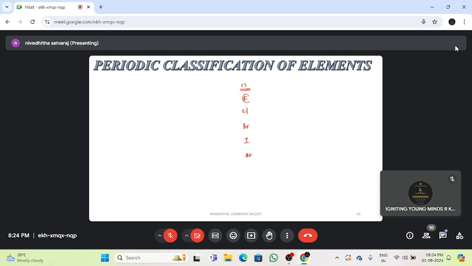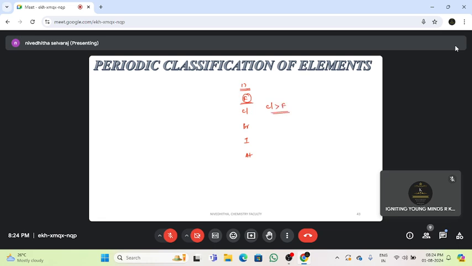Since the effective nuclear charge is very high for fluorine, this nucleus will attract the 9 electrons towards itself. So the incoming electron cannot add easily, right? So electron affinity is relatively lower for fluorine, right? So in this case, chlorine has higher electron affinity than fluorine.